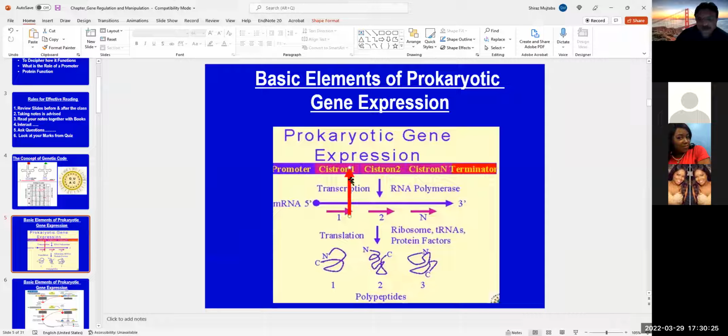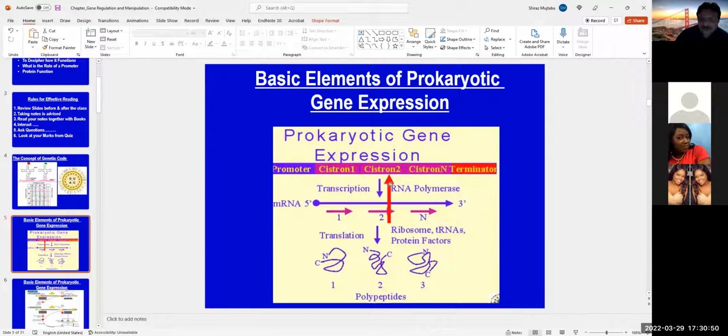Polycistronic means, in contrast to the eukaryotes, which have introns and exons, the bacterial protein is made in one transcript, but this transcript has various cistrons: cistron 1, cistron 2, cistron 3, or n number of cistrons.